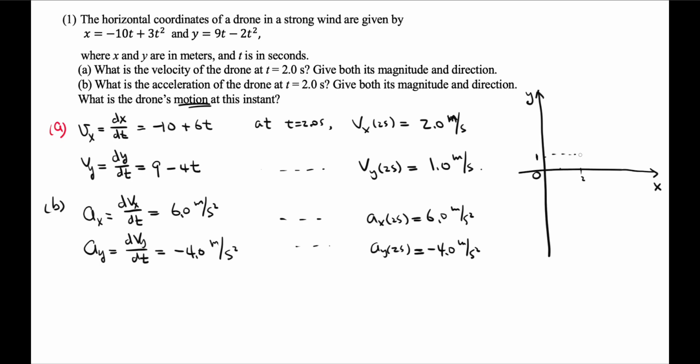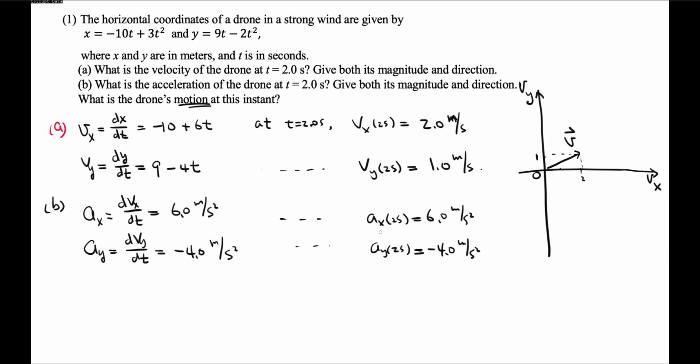So the velocity vector is roughly like this, with the coordinate axes being Vx and Vy.